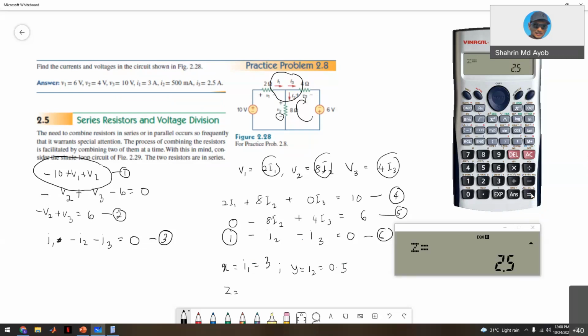So your Z, which is I3, is 2.5. So these are your current values, and if you refer back to the answer, it is correct. So I1 is 3 amperes, I2 is 500 milliamperes or 0.5, and I3 is 2.5.